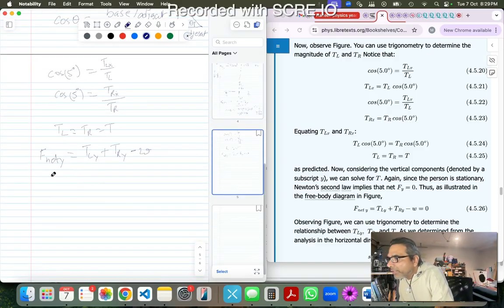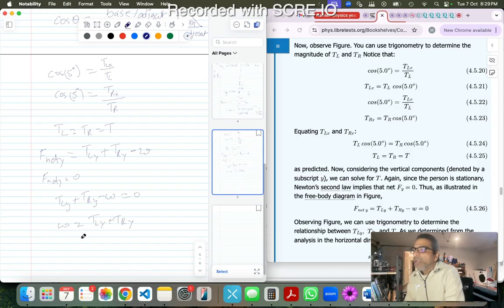And we know that Fnet Y equals 0. So TLY plus TRY minus W equals 0. That means W equals TLY plus TRY. This is what we conclude.